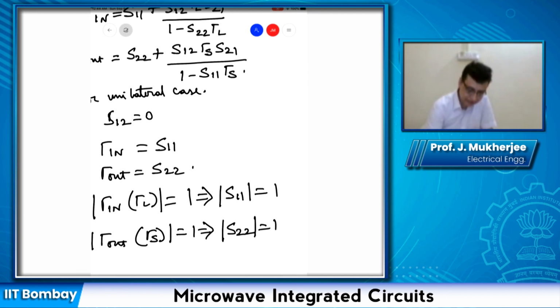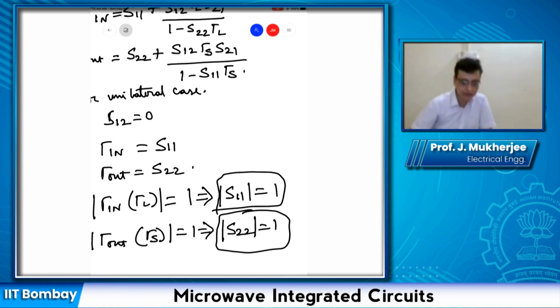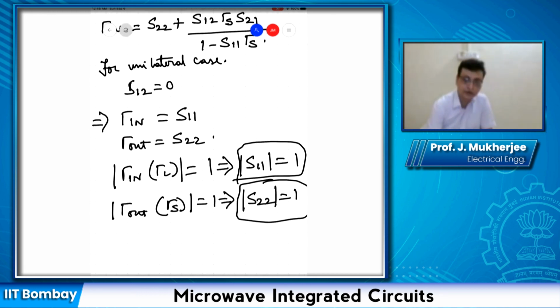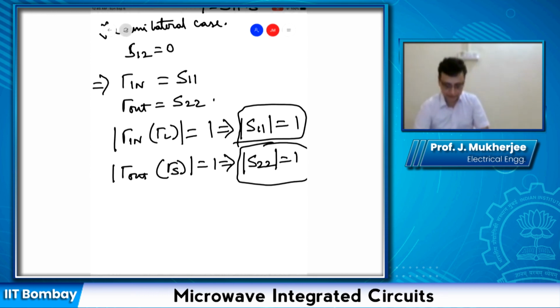But this may not always be valid, and this doesn't give me a locus of gamma L and gamma S. So what it means is this method of determining the stability of a two-port network is not valid for the unilateral case. Okay. So let us see how do we analyze the stability of a two-port network for the unilateral case.